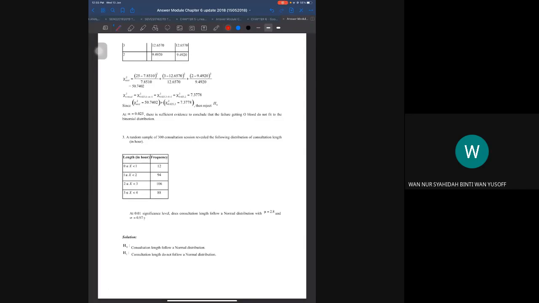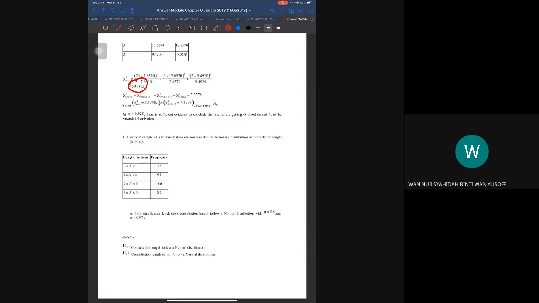So how to calculate the chi-square? Similar. When you combine the category, remember that the next analysis must be based on the new category, I mean based on the new table that you combine. Let's say you combine the category but you calculate the chi-square based on the old data, you will get different results.